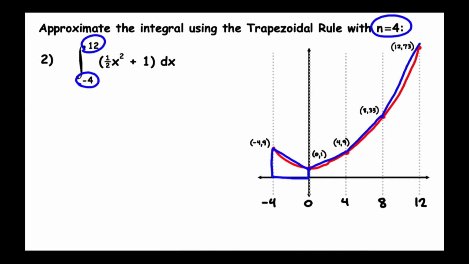Here's my first one. I can color that in. Here's my next trapezoid. Next, make that polka dotted. And the last one I'll just leave plain.